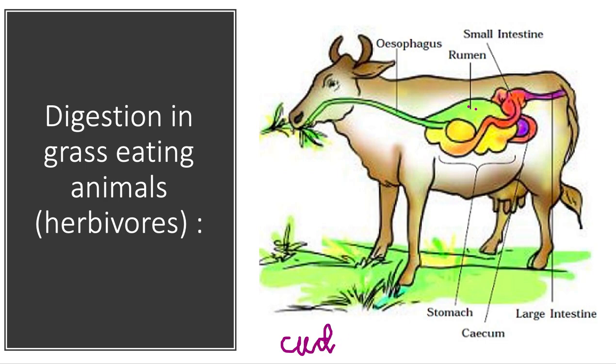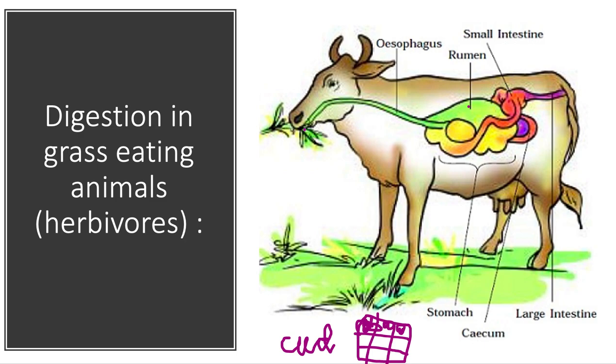The cud is stored in the rumen, and then the cud is sent back to the mouth part by part. For example, if there is this much cud in the cow's rumen, first this much of the cud is sent, then the second part is sent, then the third part.